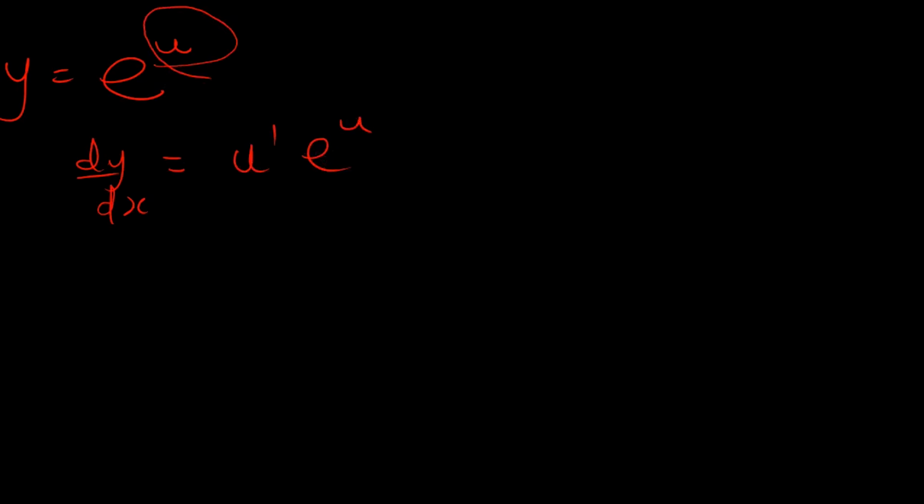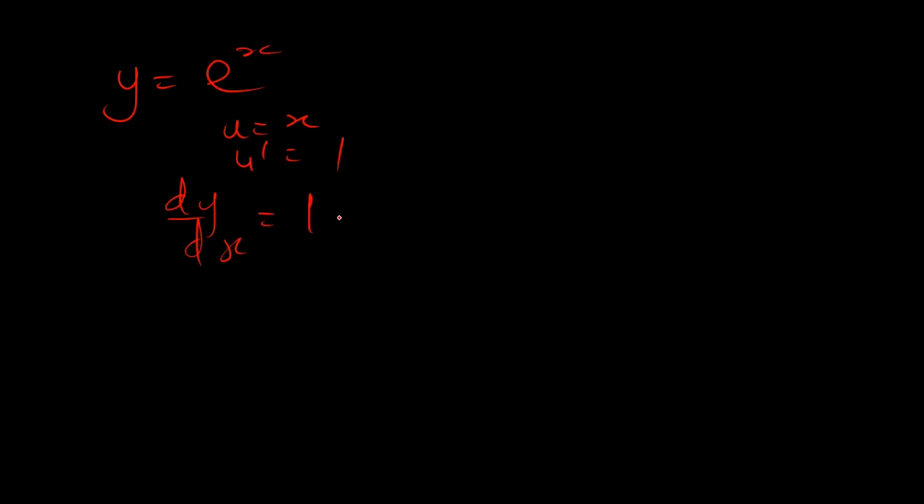As simple as that. So for example, when you have y equals e to the power x, our u is x. Our u prime is 1, right? Because when you differentiate x, we get 1. So our dy over dx is going to be u prime, which is 1, multiplying e to the power x. So we get e to the power of x, right? Okay.